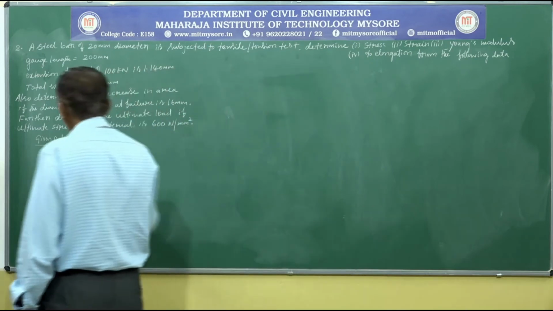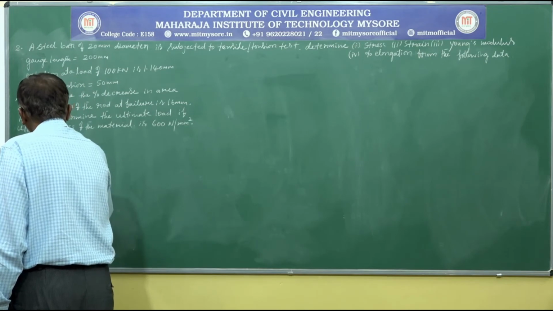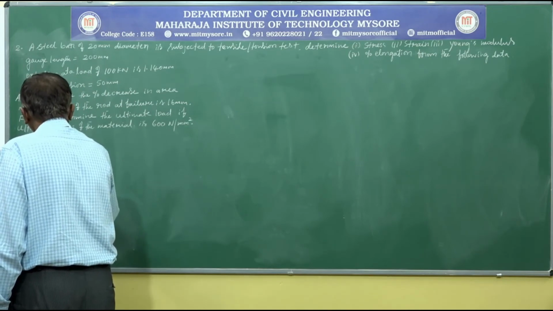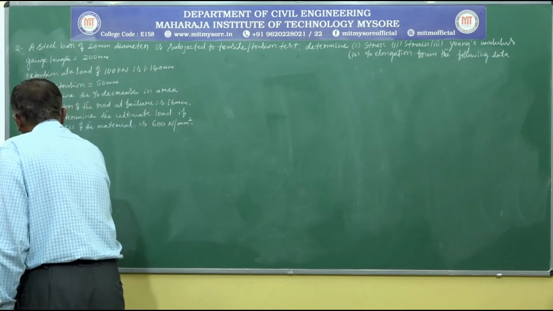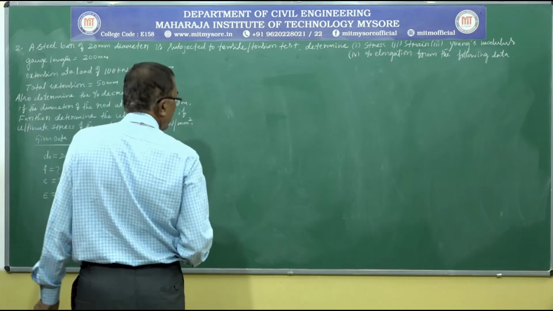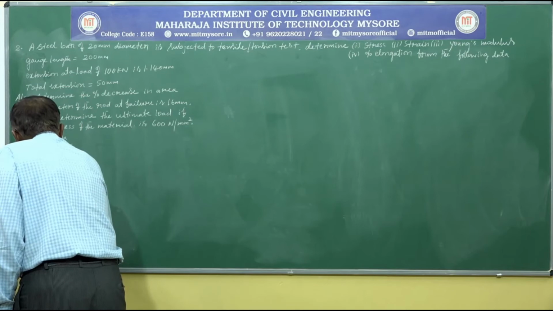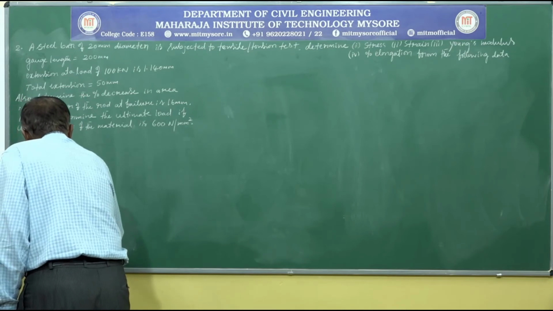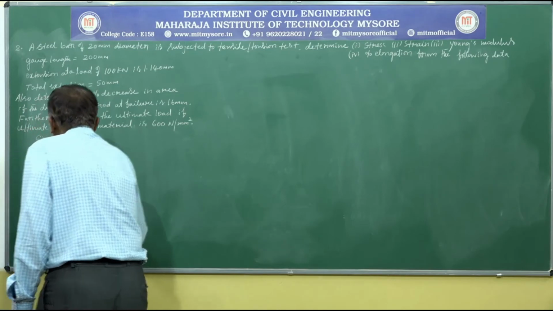Let us write as it is. Stress F is equal to question mark, strain small e is equal to question mark, Young's modulus capital E is equal to question mark, then percentage of elongation is equal to question mark.